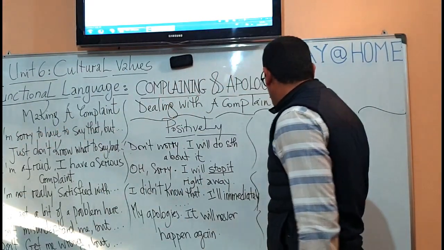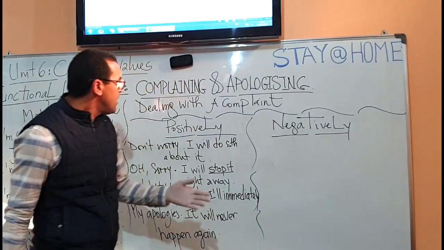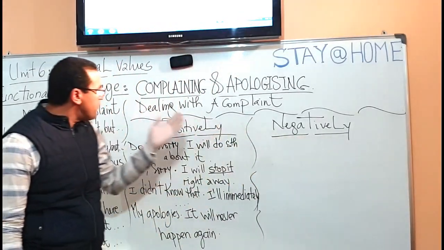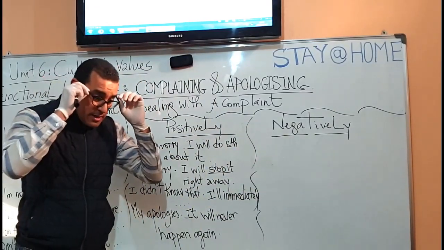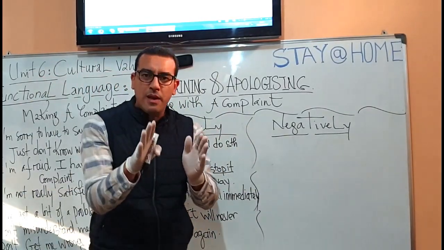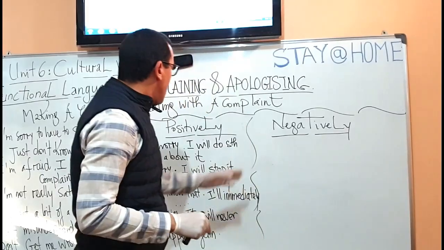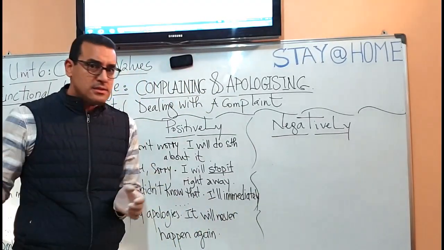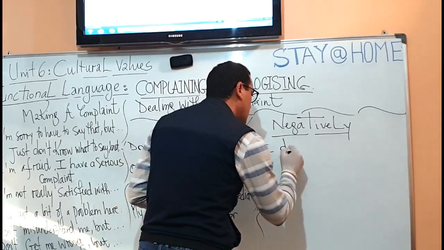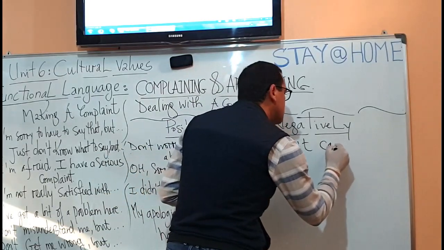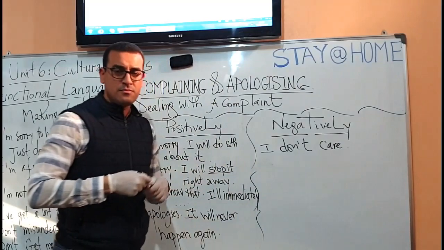So the next column here is showing a negative way of dealing with a complaint. Let's, for example, imagine that somebody is complaining about the loud music, and then you want to answer negatively. So you can simply say, I don't care.